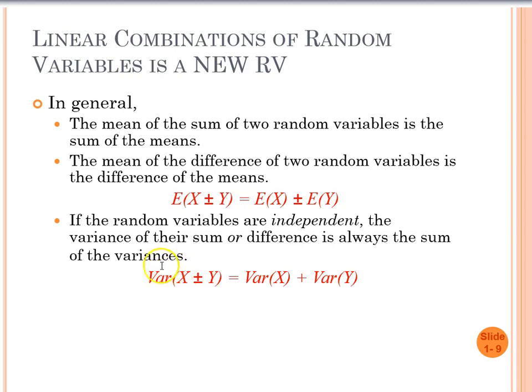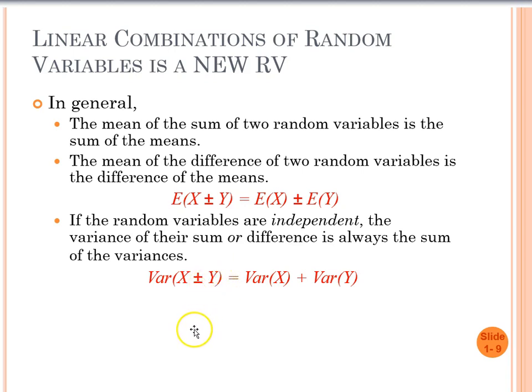And so we can figure out how much spread there is in total sales from coffee and donuts, by simply adding up the variance of the sales of coffee plus the variance of the sales of donuts to get the total variance of the total sales. In order to be able to do this, we have to make the assumption of independence. So what that means is that the sales of coffee don't affect the sales of donuts.